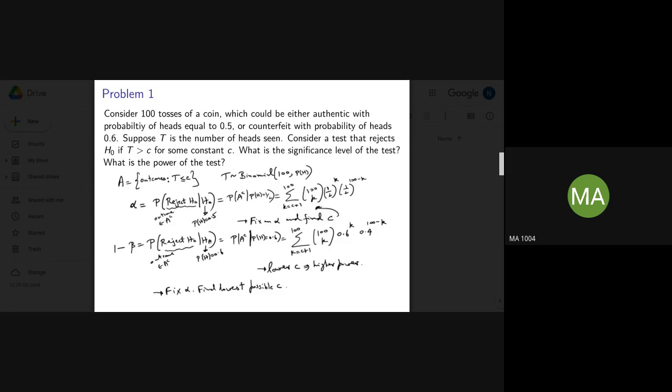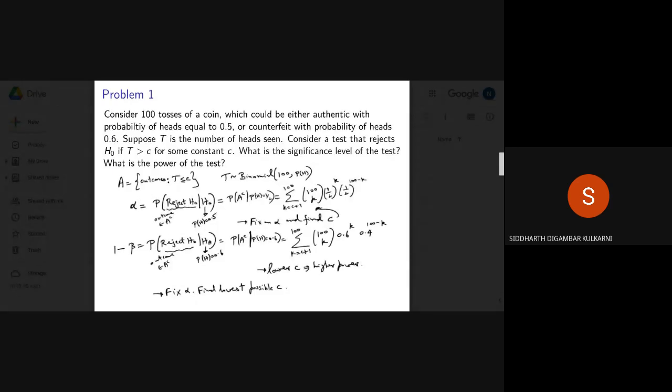Now this T is basically a binomial distribution. Can't it be converted into a normal distribution?